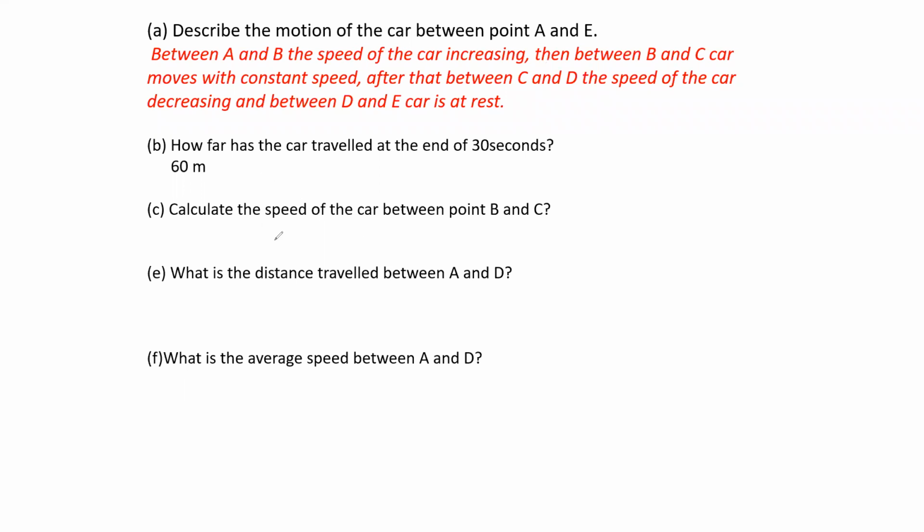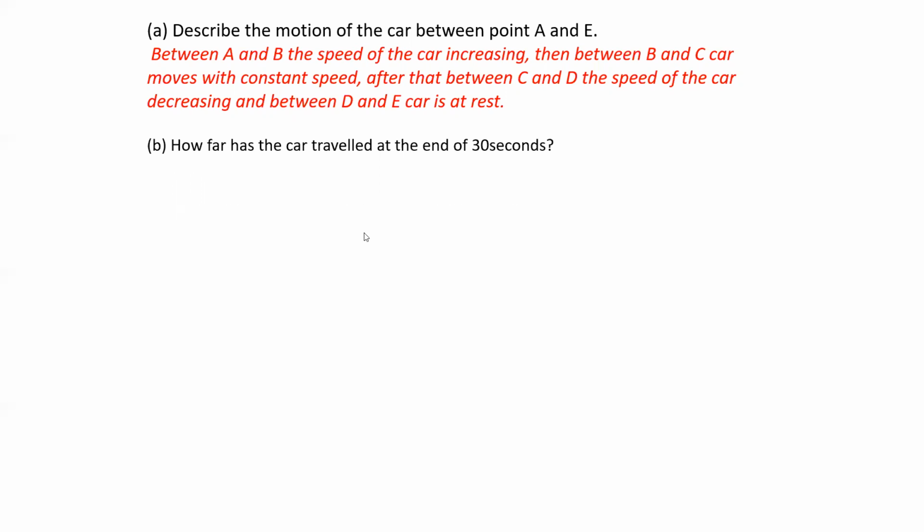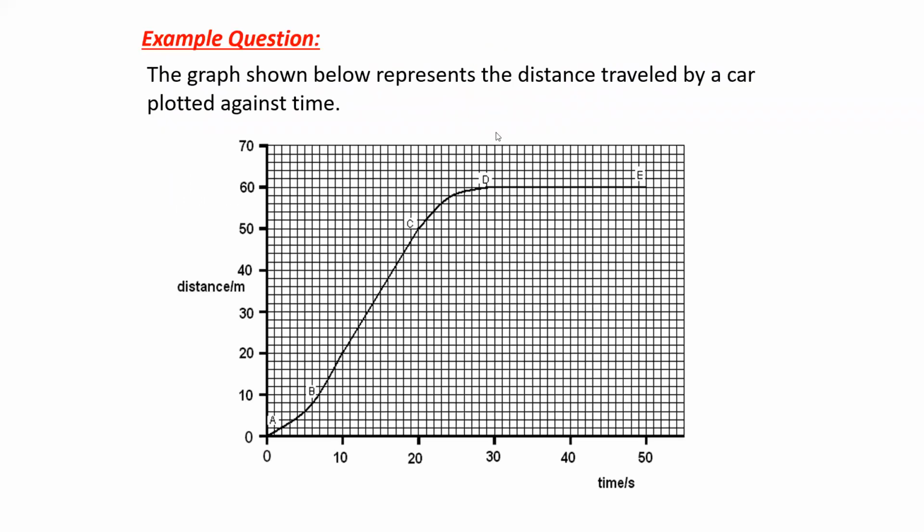So this was 2.86 meter per second. This distance was 60 meters, and average speed is coming out as 2 meter per second. You think it is 29 at D? Let me check. Yeah, point D is at 29.